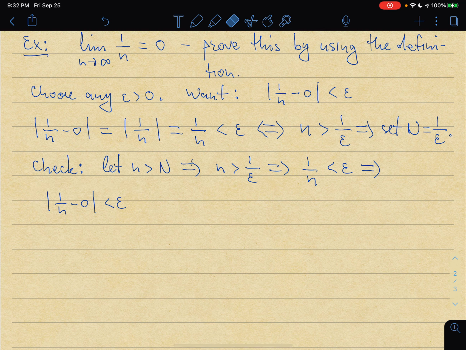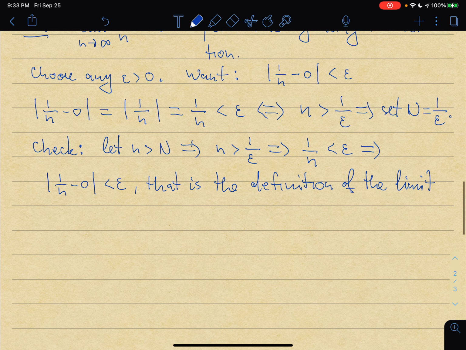So that is the definition of a limit. Checks out. And that means that I'm done.